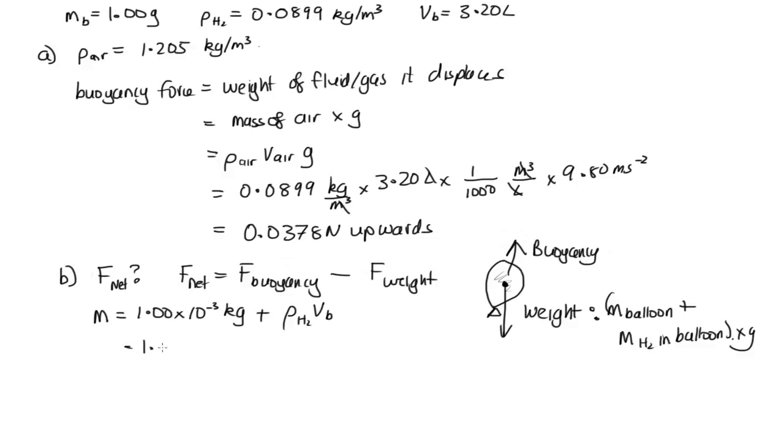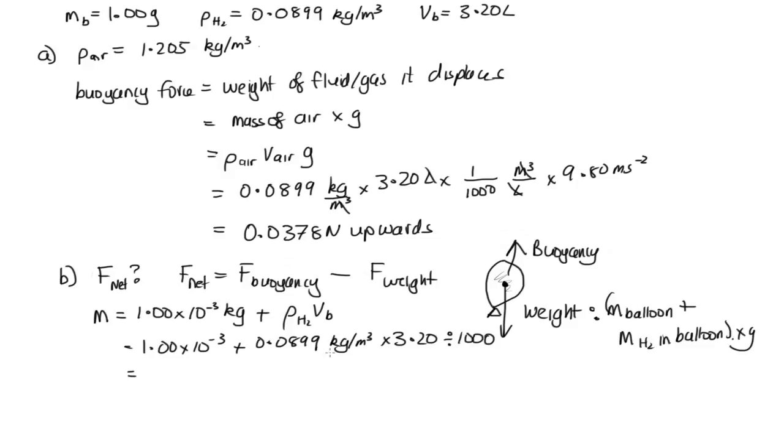So that'll be 1 times 10 to the minus 3 plus the density of hydrogen, which is 0.0899 kilograms per meter cubed, times the volume of the balloon in meters cubed. So it's 3.20 liters. To get that liters into meters cubed, we need to divide by 1,000.